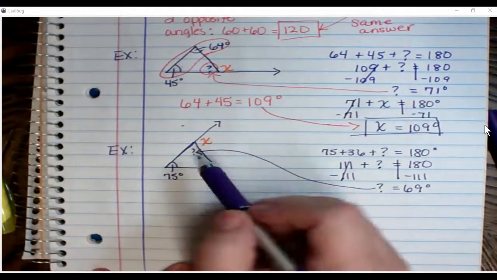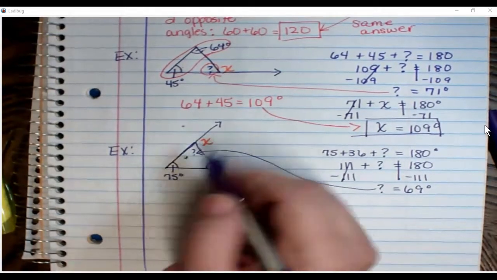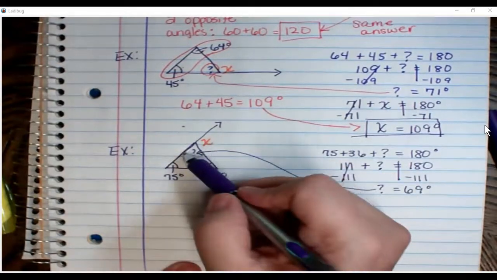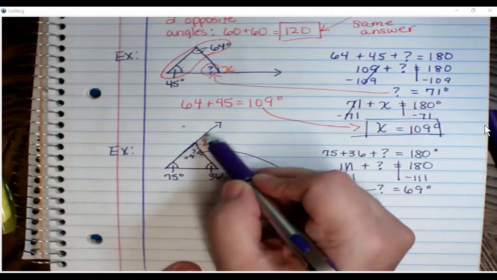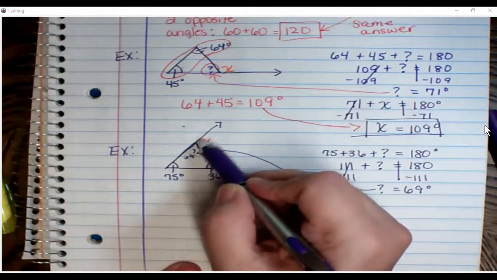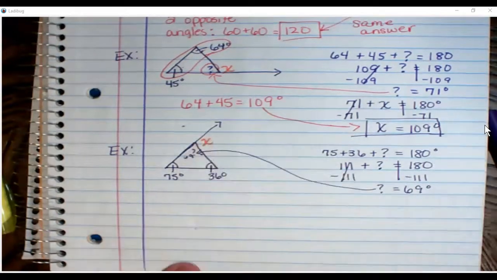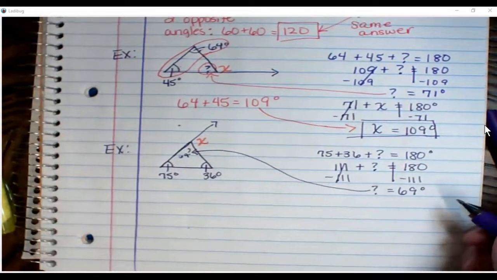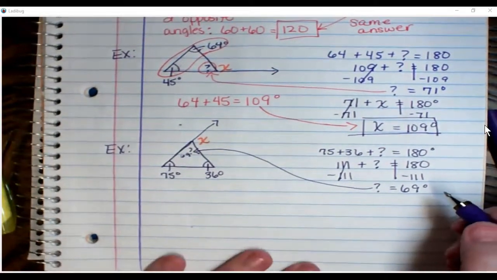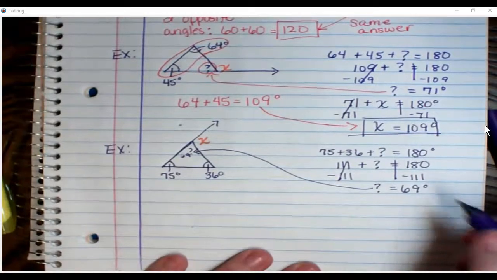So now if I know that this is 69 degrees, I know that 69 plus this angle x, they make that straight line. Both angles make a straight line. What does a straight angle have to add up to be? You got it, 180.